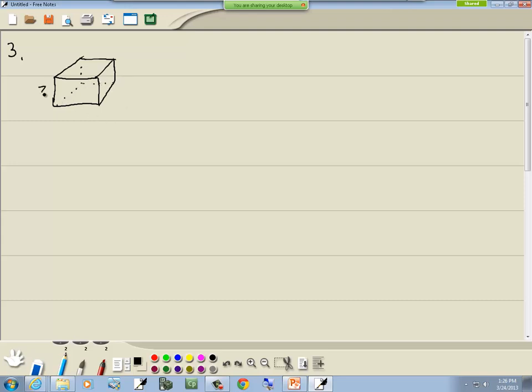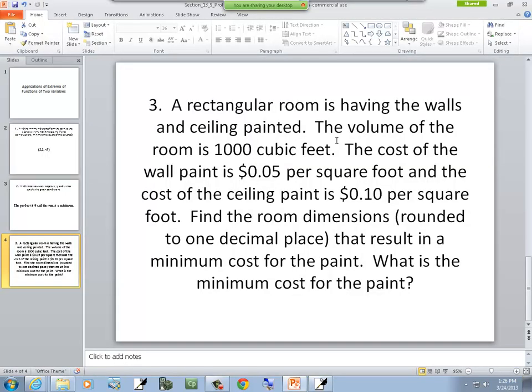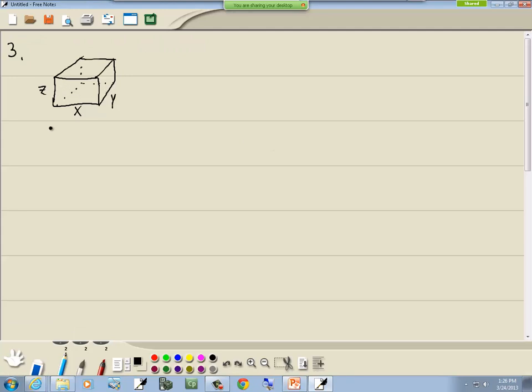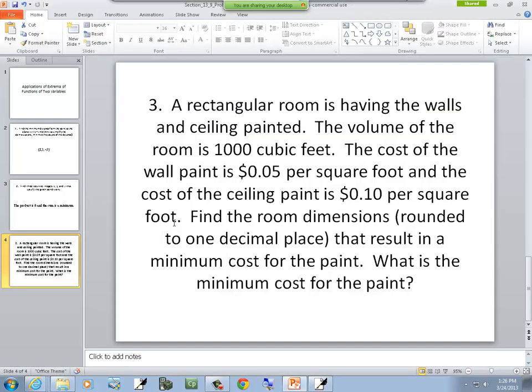Okay, so I'll label this side as Z, this side is X, and this side going back as Y. And see what else they say. Okay, the volume of the room is 1,000 cubic feet. Well, the volume of a rectangular solid is X times Y times Z, and they tell us that's equal to 1,000.